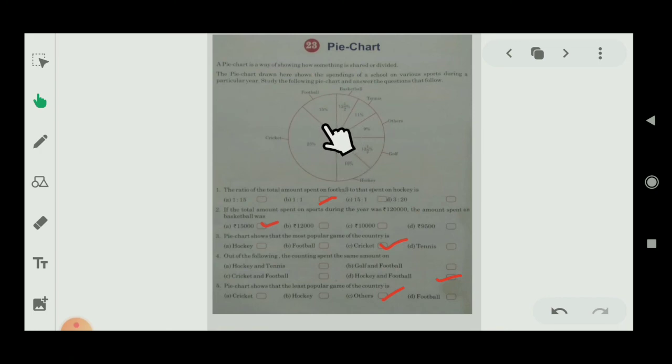The football value is 15% and also the hockey's value is 15%. So football and hockey is the correct option of question number 4. Similarly, let's see the question number 5. The pie chart shows the least popular game of the country. The least popular game is other games, that is 9%. So option C is right.